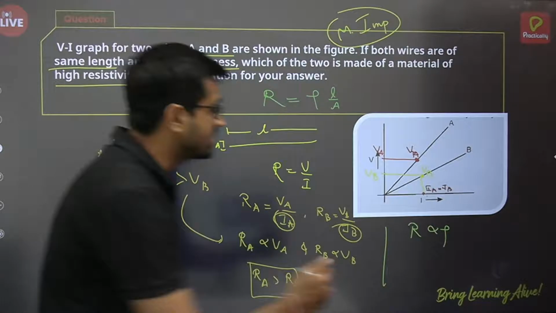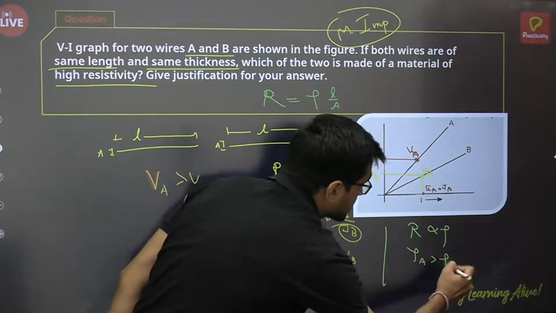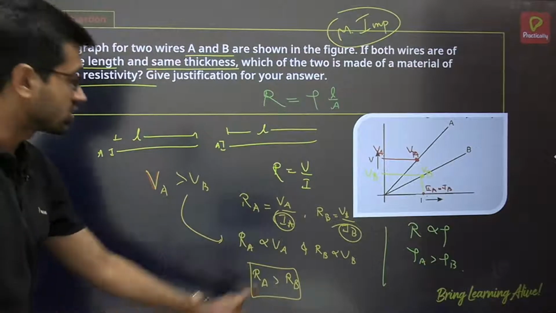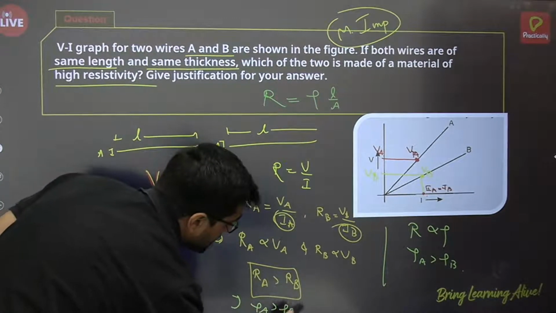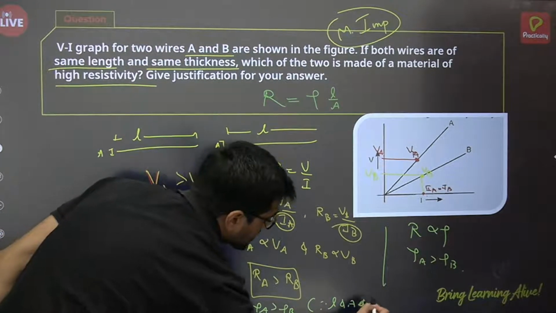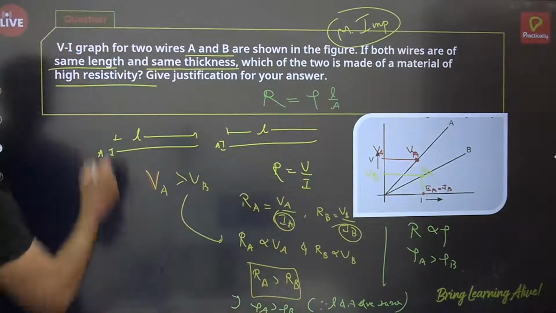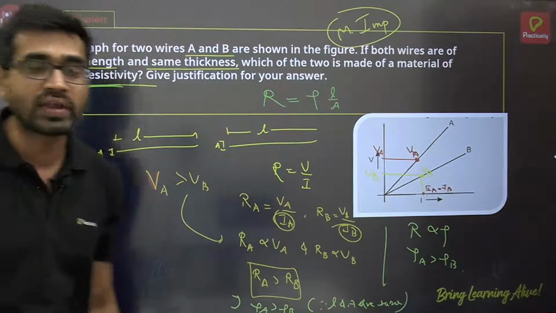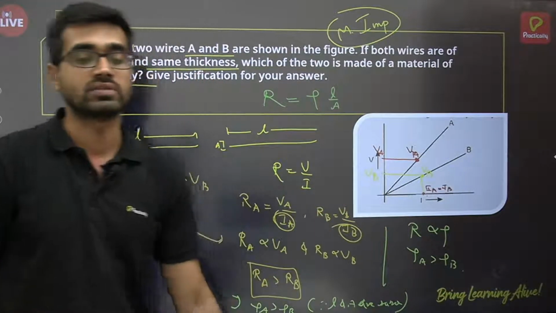This simply means that rho A is greater than rho B. Because when RA is greater than RB, then rho A is greater than rho B, since L and A are same. So which is the material of high resistivity? Rho A. The wire A is the material of high resistivity.